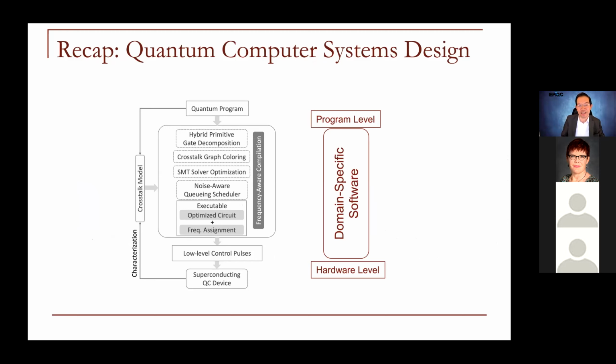And that's how we did this crosstalk mitigation work. And in fact, it's how we did all the examples that I showed you today, except maybe the measurement one at the application level. But in general, we're looking at building a very specific optimized software stack for each machine and potentially for different applications.